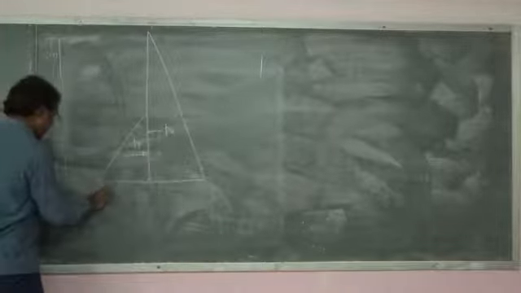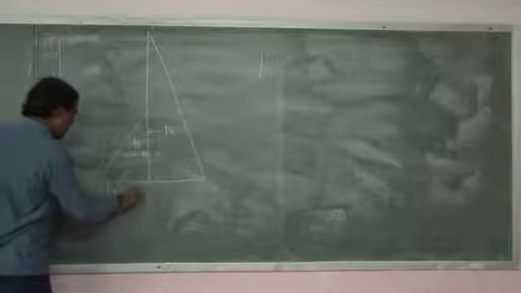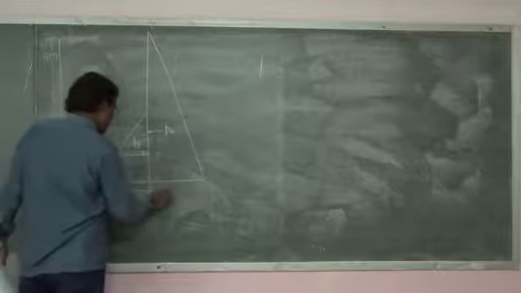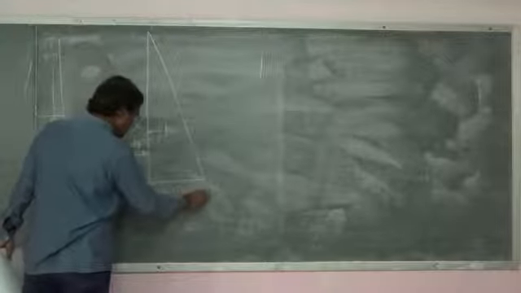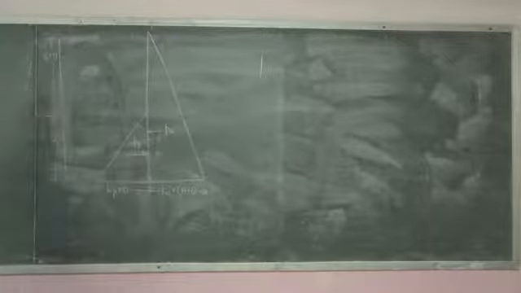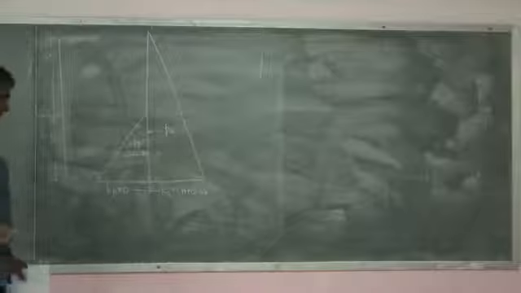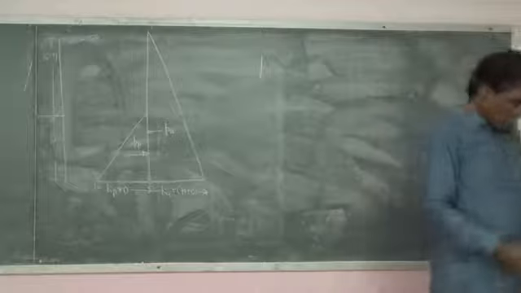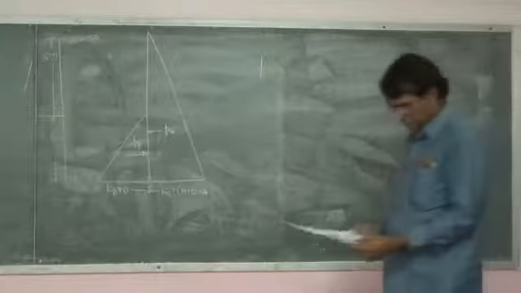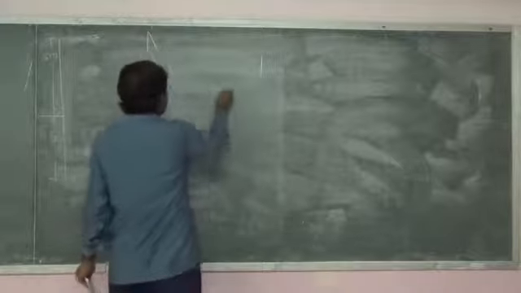This is going to be as usual Kp gamma D. This is going to be Ka gamma H plus D. So now I will calculate first small pa.